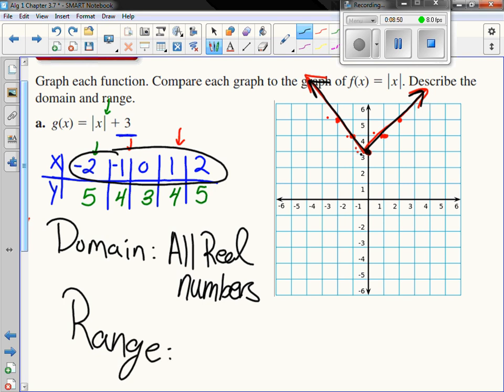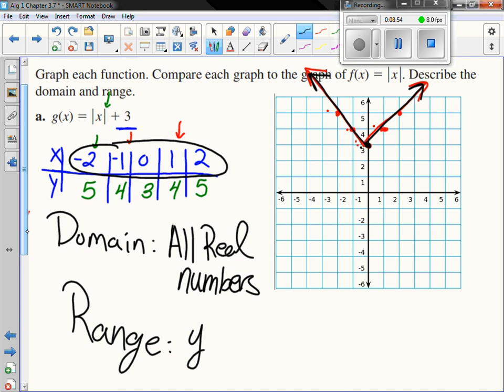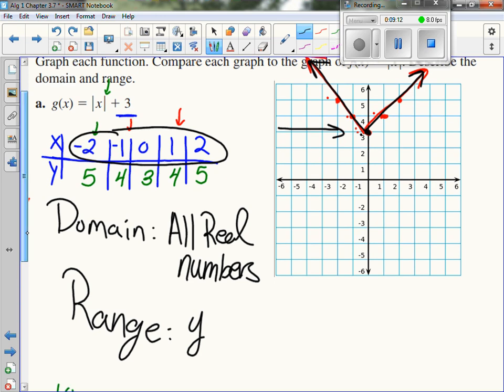Now the range. When we talk about the range, we're talking about the y values. What is the smallest or biggest value of y? Here we're going to have a smallest, because the function is going up, yes? So the smallest y value that is given to us is 3.